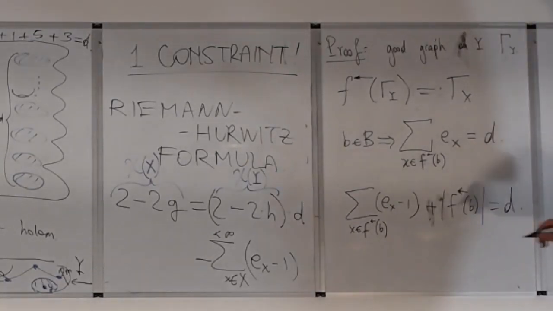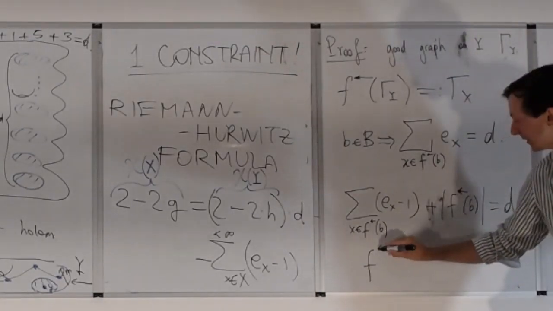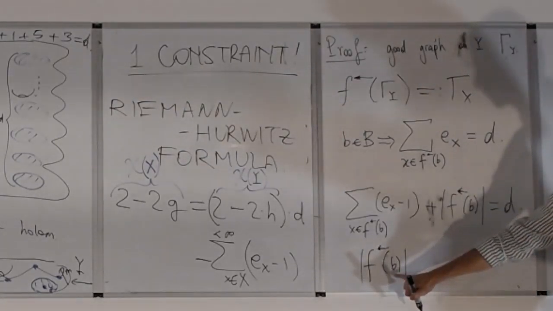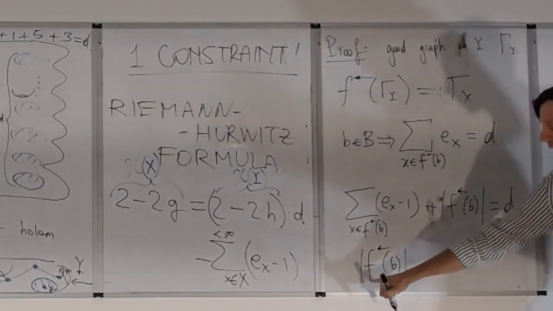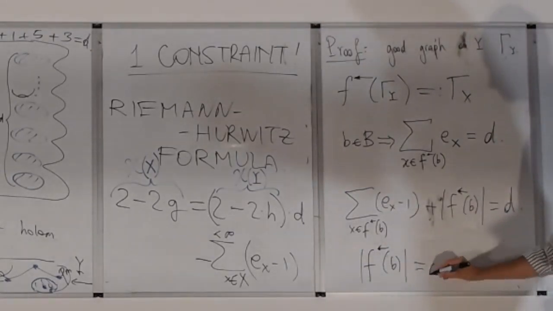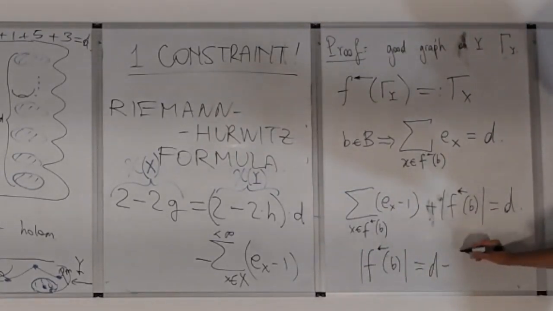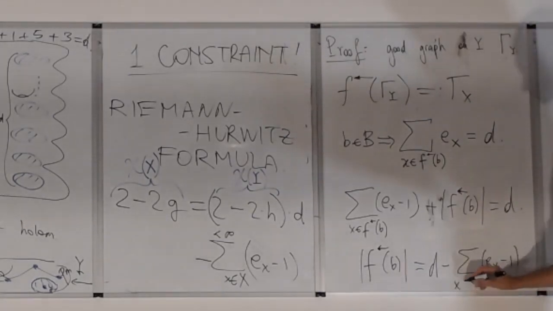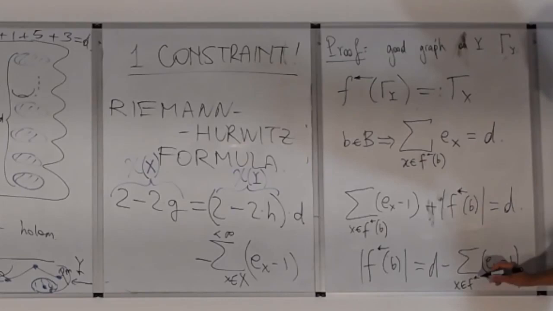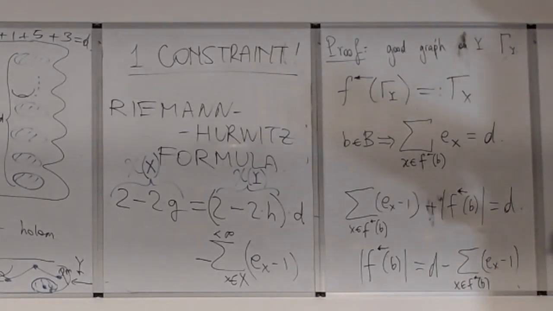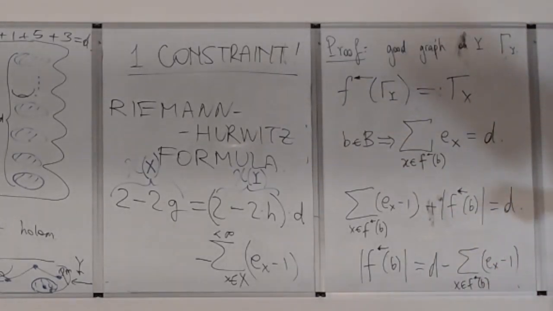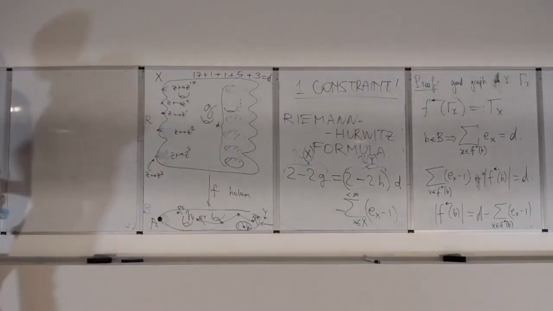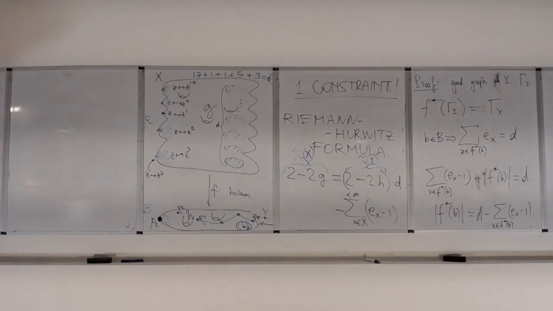Okay, so now the cardinality of the preimage: it's not a generic point anymore. This is in B, so this is not D. This is actually D minus a defect. And this is the defect. This equation tells you that the more you mess up the sheets, the more defect you'll have.